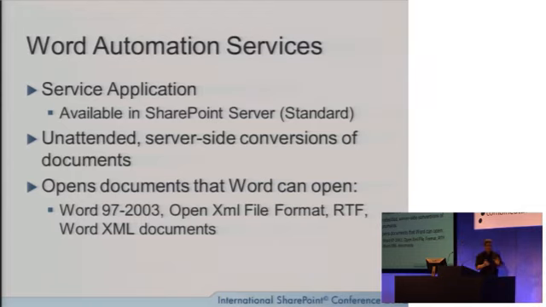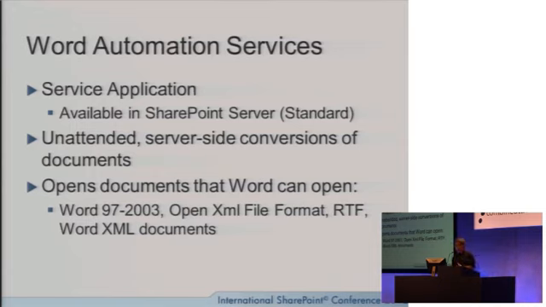So we've got our Word document sitting in our document library. But we want to go a step further and provide a fixed format of PDF. We can use Word Automation Services when we're in an on-prem environment in order to do this. It's a service application that's installed and configurable out of the box.